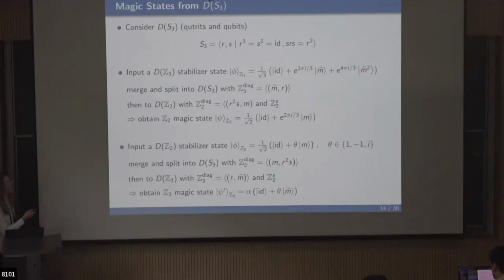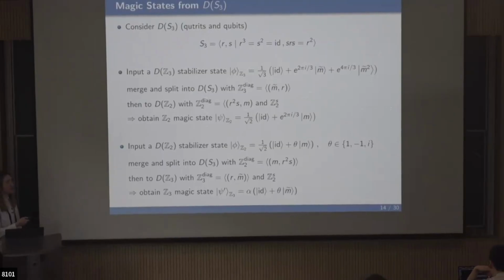Also, we can consider other groups like S3, in which case we have Q-trits and qubits. And this can be used basically to input a stabilizer state, for example, for the Q-trit, and then again, teleport it into the non-abelian code by gauging the diagonal, and then merge it into Z2 and change the boundary conditions. And this is a way to basically take a stabilizer state for Z3 and give us a magic state for Z2.